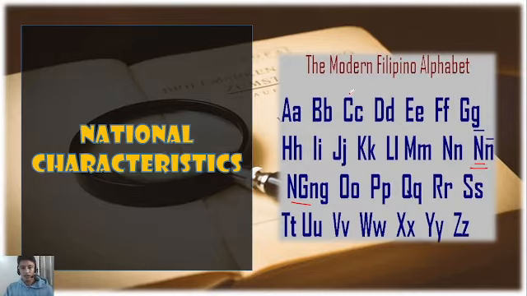Okay, so this is what we are having now as our modern alphabet, and this is how our letters look like, or how we write the letters. These are the letters that we are using to create different Filipino words. Okay, so that is for national characteristics.